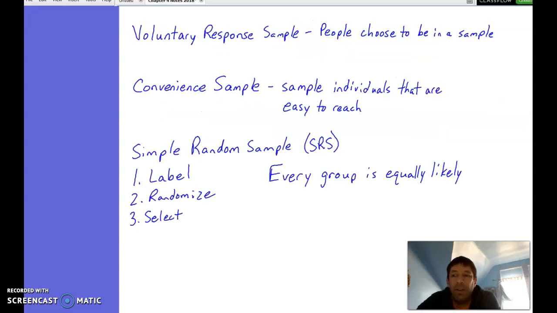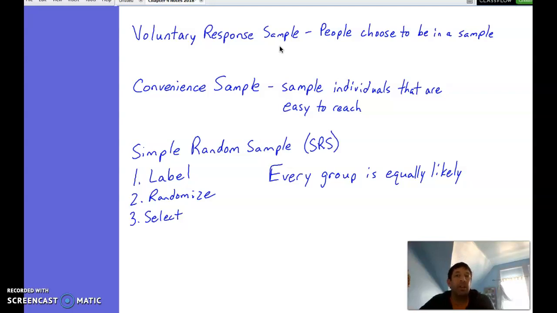So a couple of things that I want to look at here. Voluntary response sample. So we talked about bias with wording of questions. We can also have bias with sampling. So one thing here is voluntary response, and that's when people choose to be in a sample. Okay. So maybe you ask people to call into a radio show, and that's going to be your poll.